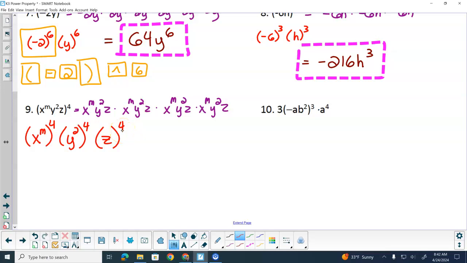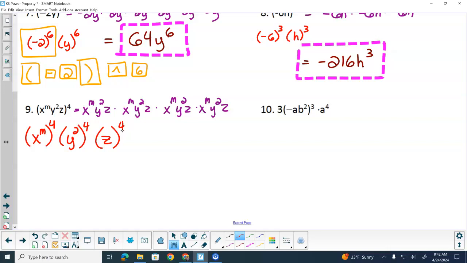Okay? Now, from the other side of the sheet, when I take a power to a power, what do I do with those exponents? Other side of your sheet, literally you're turning your sheet over and you're looking in the middle for power to a power. What does it say to do? Jake, what does it say? Multiply the exponent. Okay?